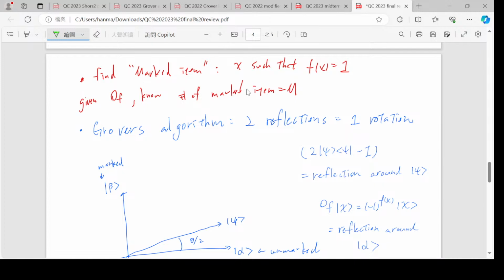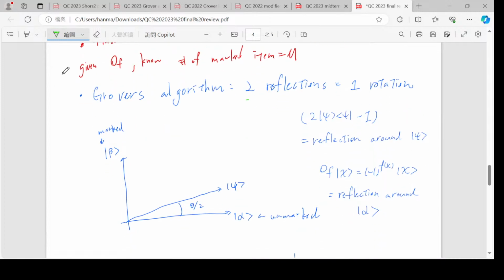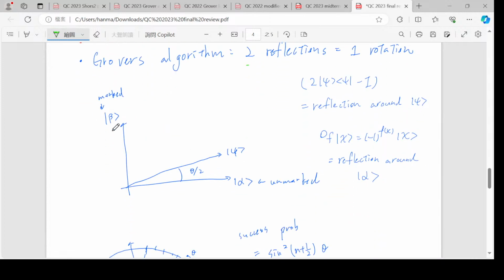And so the idea of Grover's algorithm is you keep doing two reflections and they will become a rotation, and you will rotate your starting state to where it should be. But before talking about rotation, we should talk about which space we are thinking about the rotation in. So think about this two-dimensional space that is defined by two states.